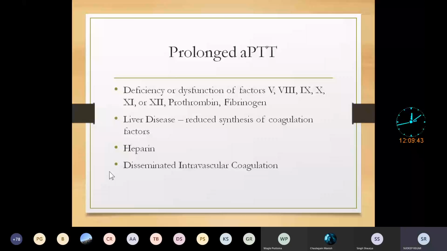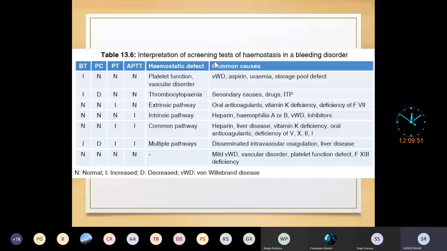Okay, so here is an interpretation of the screening test of the hemostasis in bleeding disorder. Like for example, if the bleeding time is increased but platelet count, PT, APTT is normal, then obviously it is a problem with the primary hemostasis. But the platelet count is normal, so it is a problem with the platelet function or the vascular disorder.